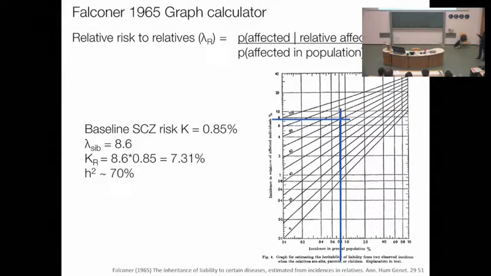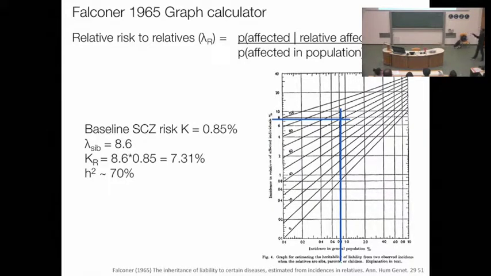So if we take the relative risk to relatives, the proportion that are affected given that they have a relative that's affected, divided by the proportion that's affected in the population, so the population prevalence here. If we take the baseline schizophrenia risk to be just under 1%, this is a hard enough thing to estimate in a population itself because it depends on how you diagnose things.